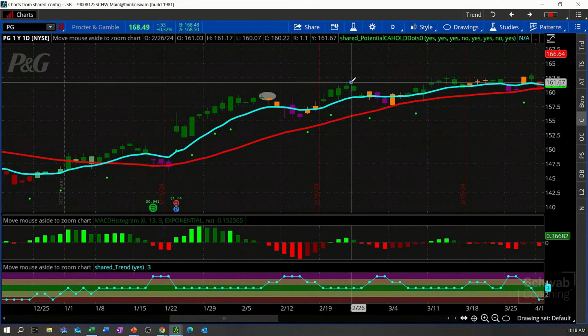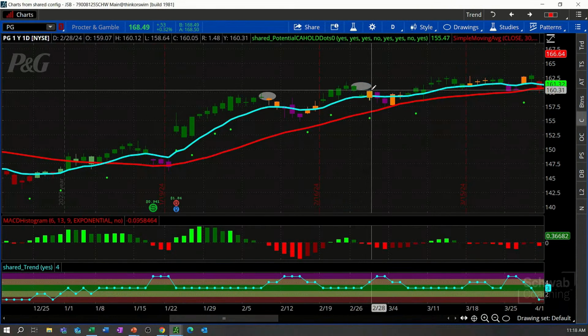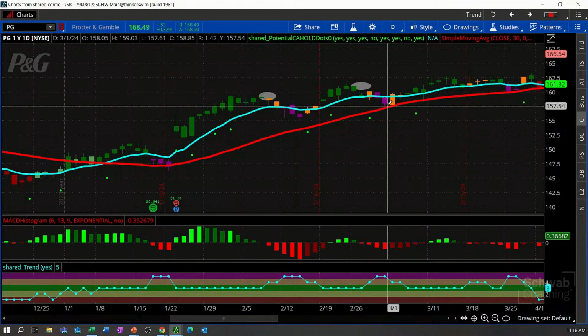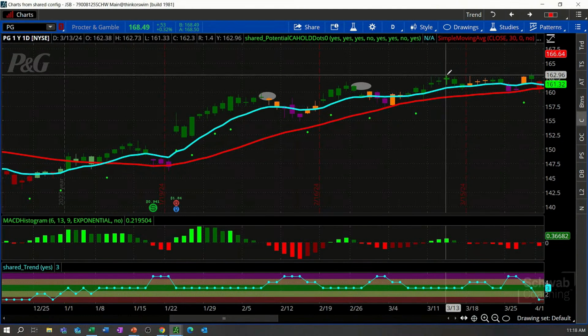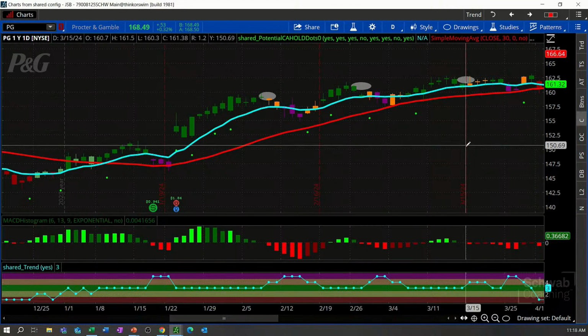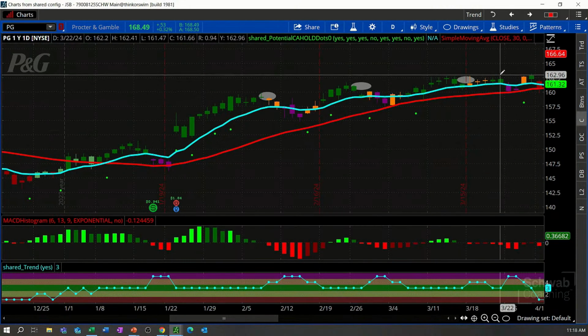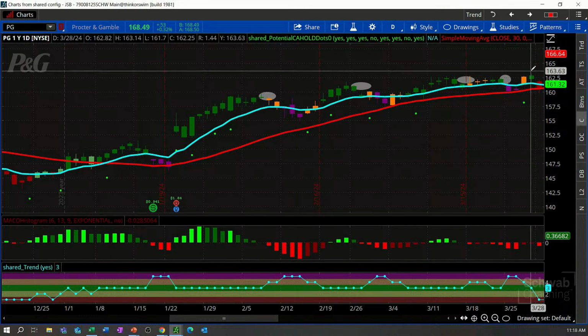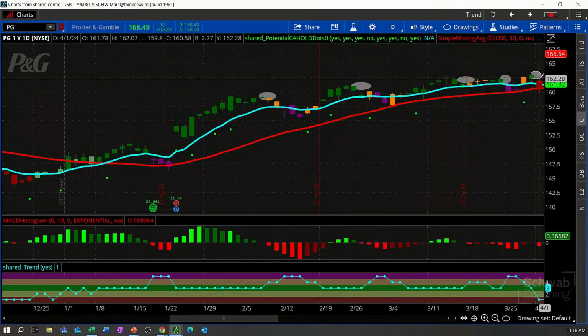Running up in price again, going from green to orange, there's another higher high to a pullback area. Run up in price, it goes from green to orange, another higher high, and so on. It just keeps going. But when we shift from green to orange, that's most likely where the higher high is being made.